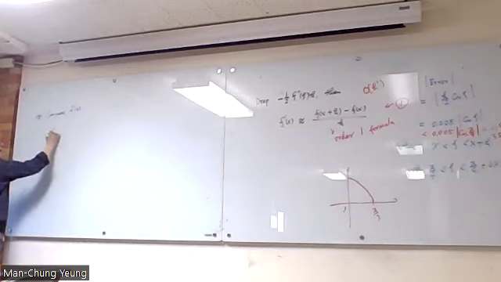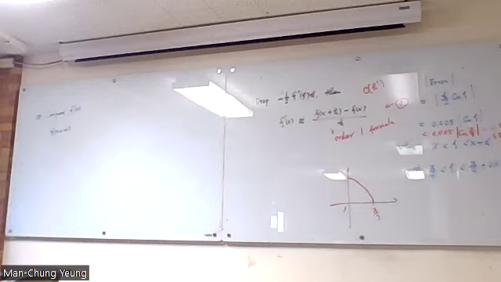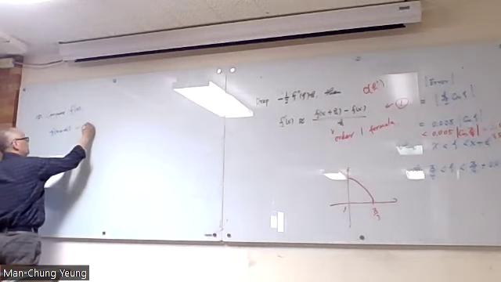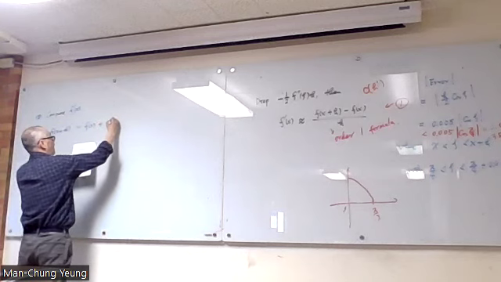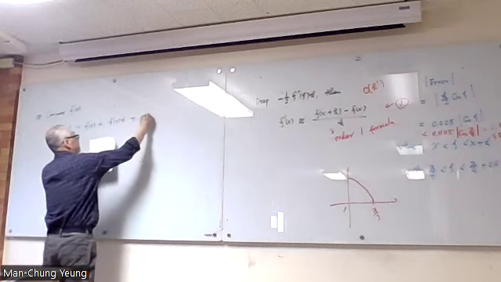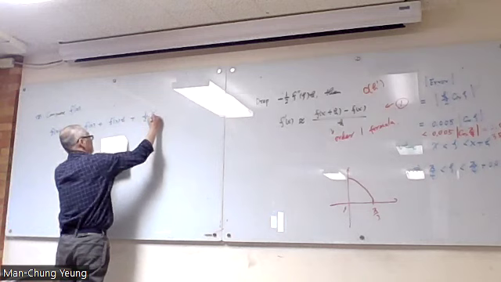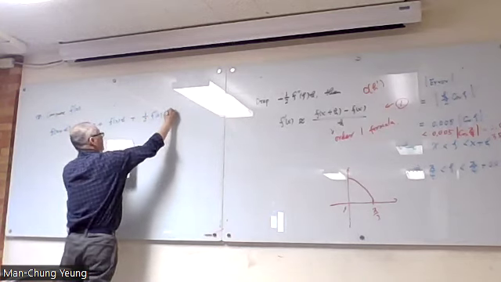Now expand the function at x plus h. The equation is this: the first derivative times h, plus 1/2 the second derivative times h squared.